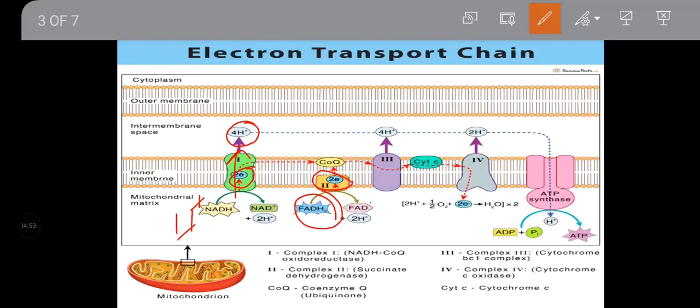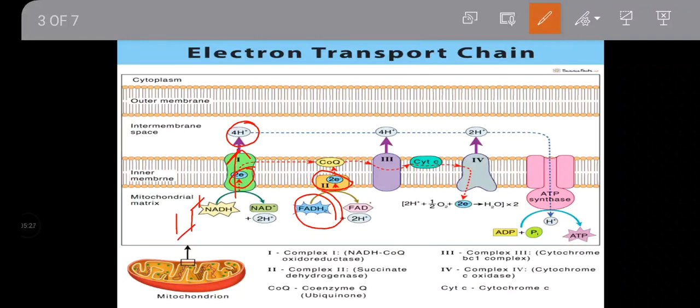When it goes to complex 2, it also donates 2 electrons to energize complex 2, but as it donates them, it is converted to FAD, just like NADH is converted to NAD+ after donating the 2 electrons. The difference is complex 1 pumps 4 protons into the intermembrane space. Complex 2 does not pump any protons. It just gets the electrons and gets energized.